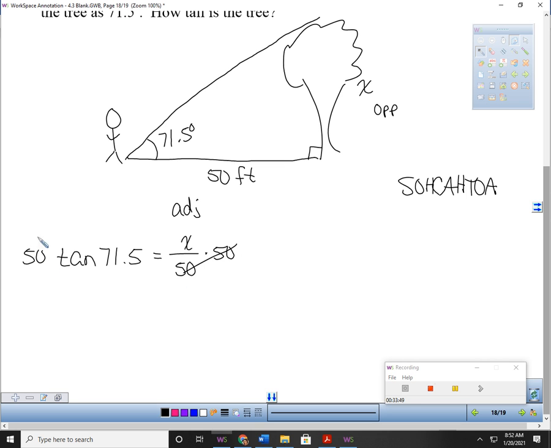So all you have to do is plug in 50 tan 71.5. What's the one thing you need to make sure about your calculator? That it is in degree mode, because you're taking the tangent of a degree. So when you plug that in, you should get about 149.43, and this is feet. So that's about how tall the tree is.